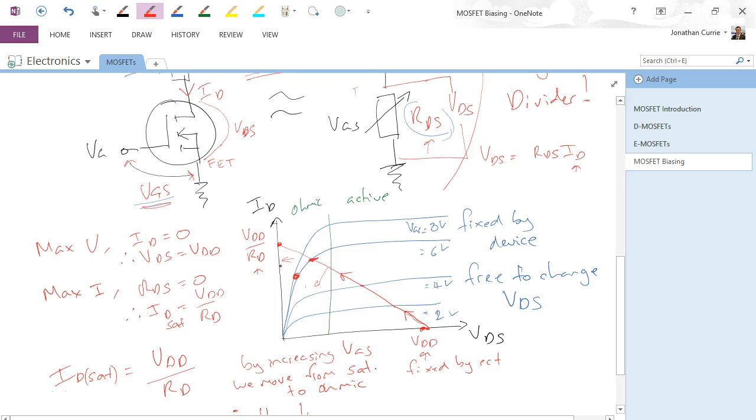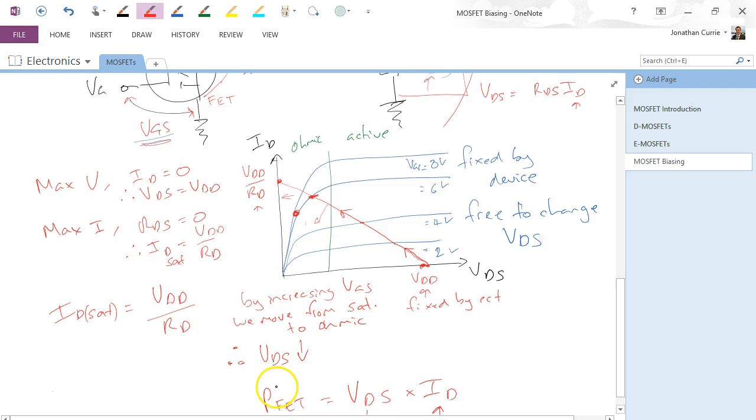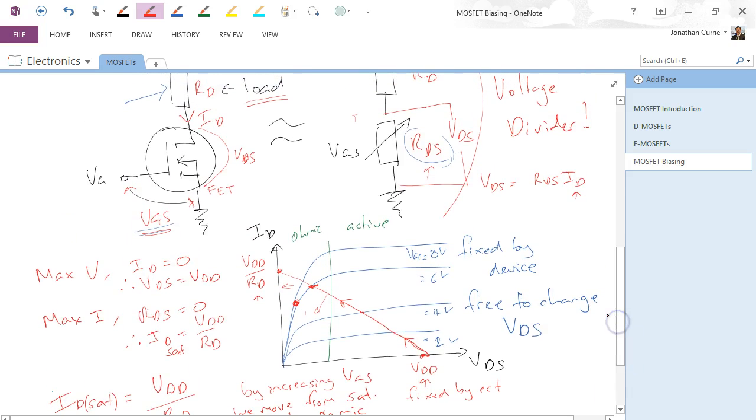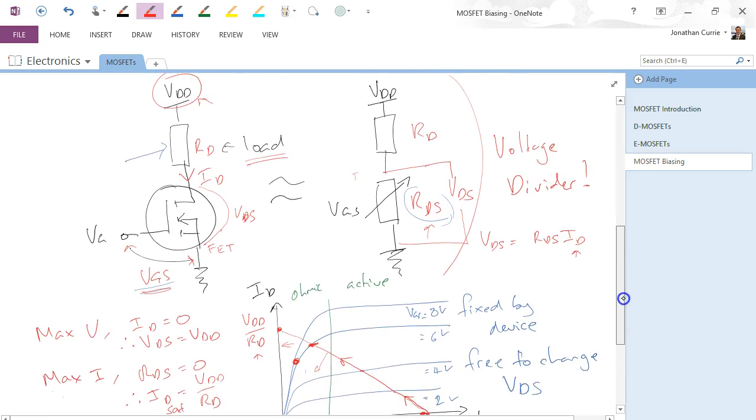The further this way we get, the less VDS is, and therefore the less the power dissipation is across the FET, and the more current we're actually switching. Obviously there's a limit to VGS based on what's practical in the circuit. If it doesn't work, then you need to choose a different FET with a different set of drain curves that will solve the problem for you.